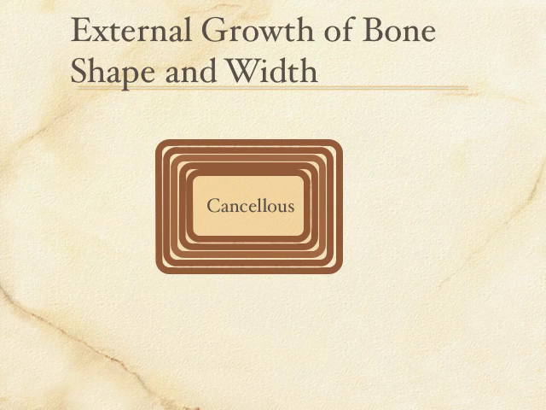The bone grows to be the same bone, but with an adult size to it. Now, this can't be all that's happening, though. You can't just add more and more compact layers and have a functional bone.